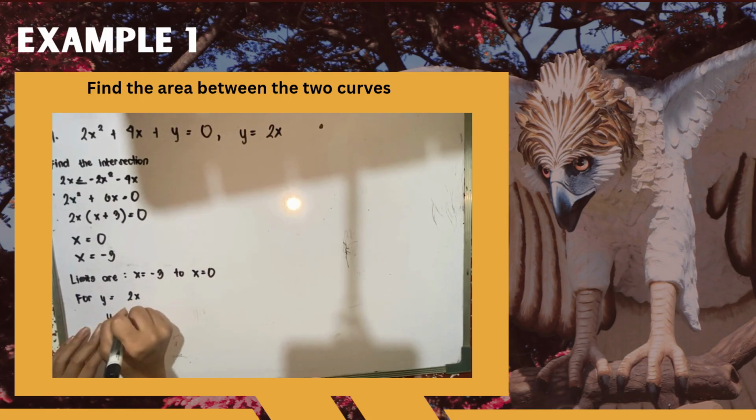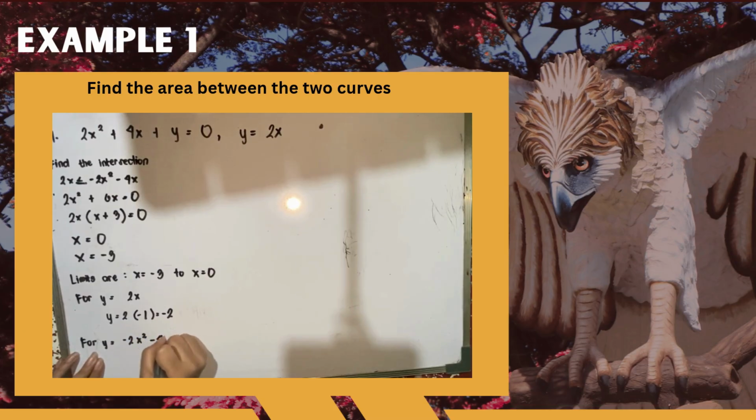So with x equals negative 1, y becomes negative 2. So for y equals negative 2x squared minus 4x, we have y equals negative 2, changing the x to negative 1, plus 4, which equals 2.